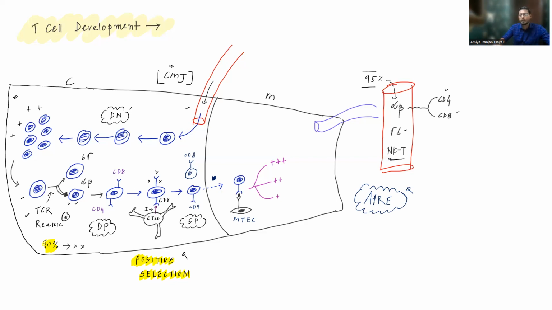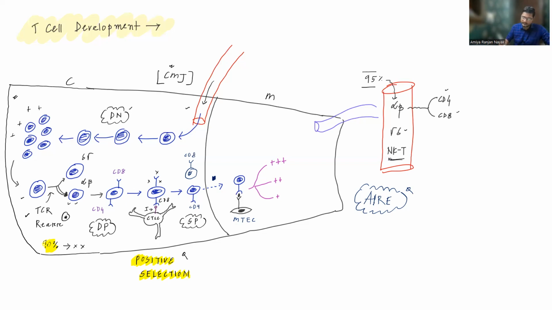With the help of this gene's expression, the medullary thymic epithelial cells are able to present antigens present in various parts of our body to the single positive T cells. Why is this process important?